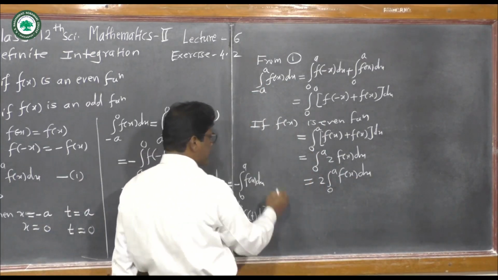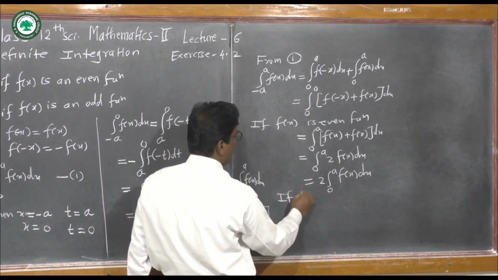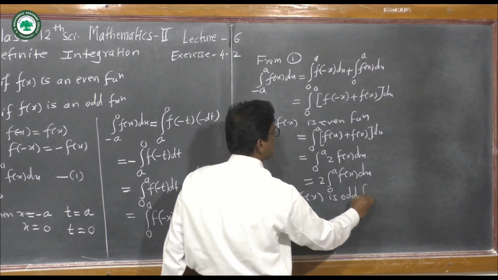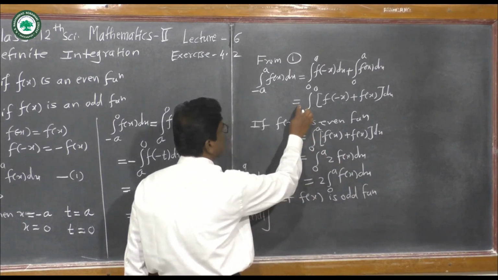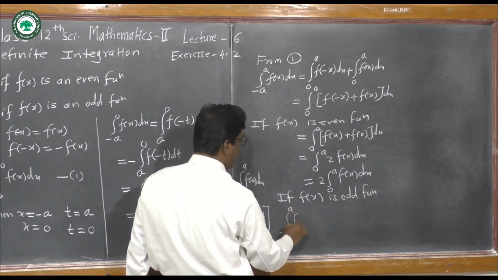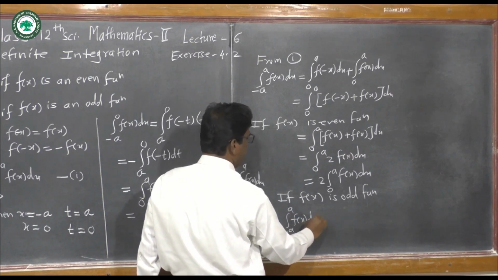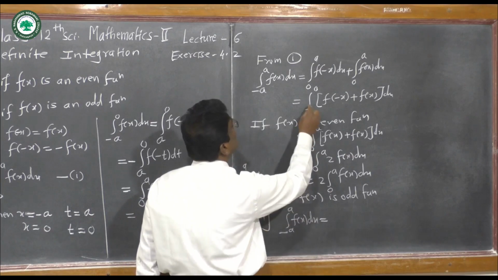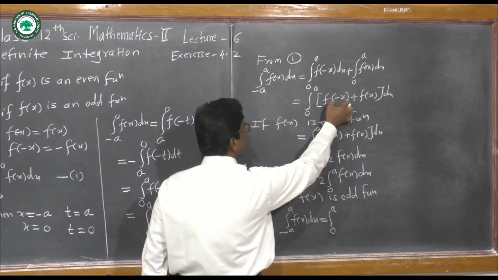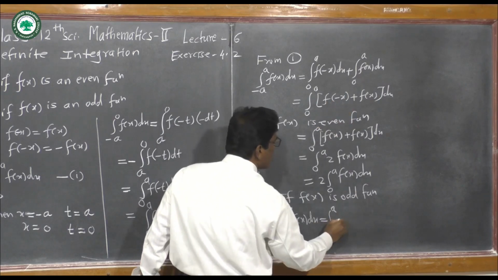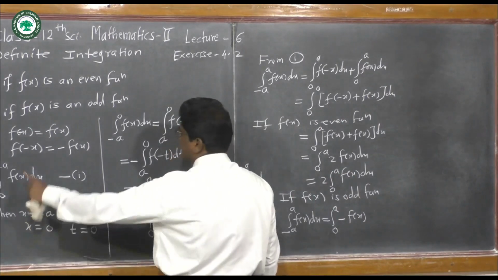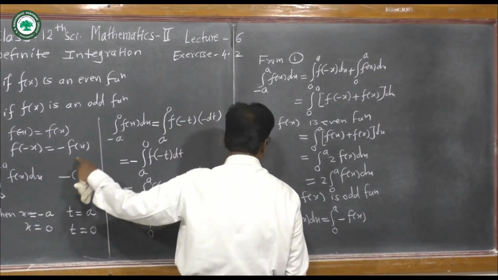Now if f of x is an odd function, then this step becomes: integration from minus a to a f of x dx is equal to integration from 0 to a, and we replace f of minus x by minus f of x, because f of x is an odd function, so f of minus x is equal to minus f of x.